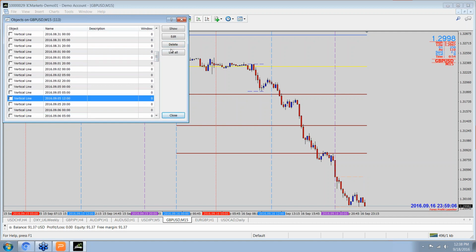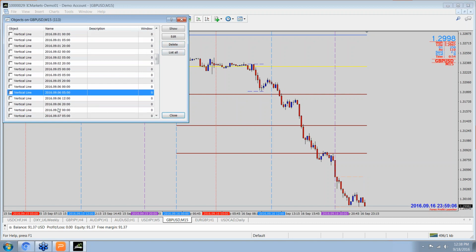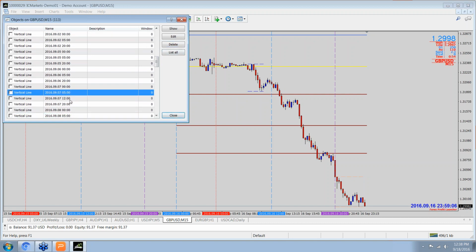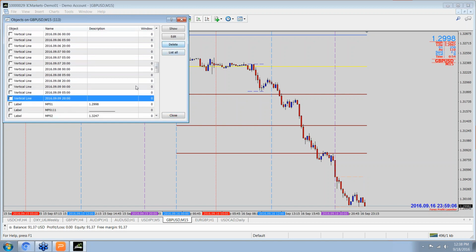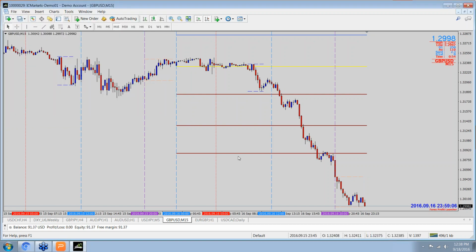The indicator that I use plots them on my chart for some reason. I don't need that number; it doesn't represent anything for me. I just need 0, 5, and 20. So I'm going to get rid of the 12s to eliminate the confusion you guys might see on the charts here. Okay, there we go. We should be good now.